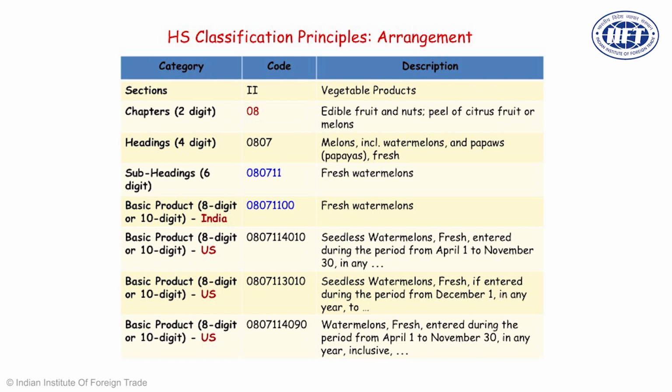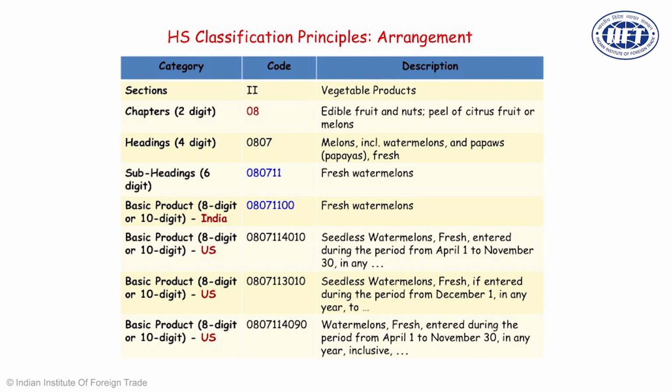So we might get, let's say, chapter 08, which will include all edible fruits and nuts. Under the HS 2-digit, all types of fruits will be arranged. Under 0807, we are going to find the melons. Fresh watermelons would come under 080711. And finally, at HS 8-digit, we find the products that India is exporting would be classified.